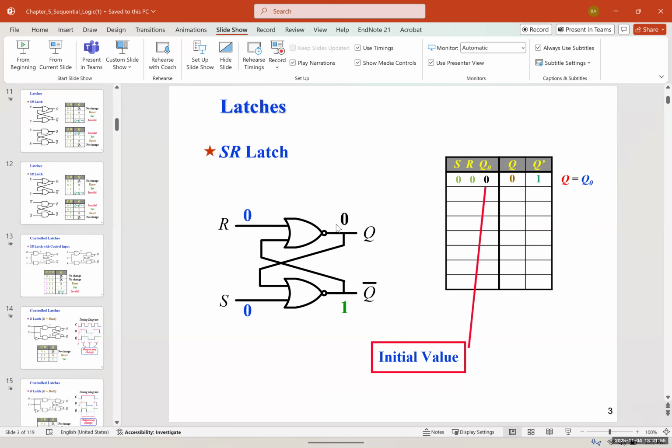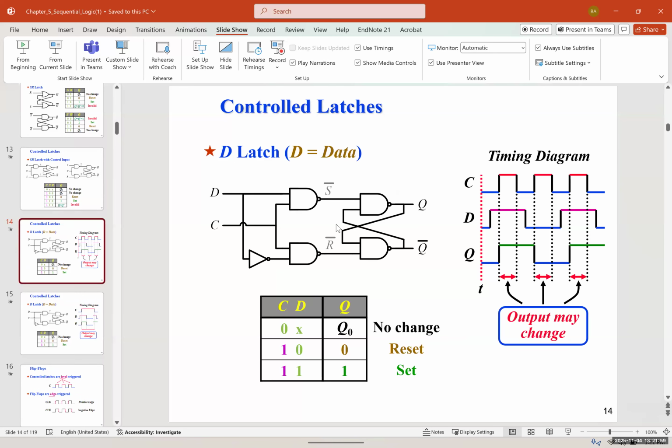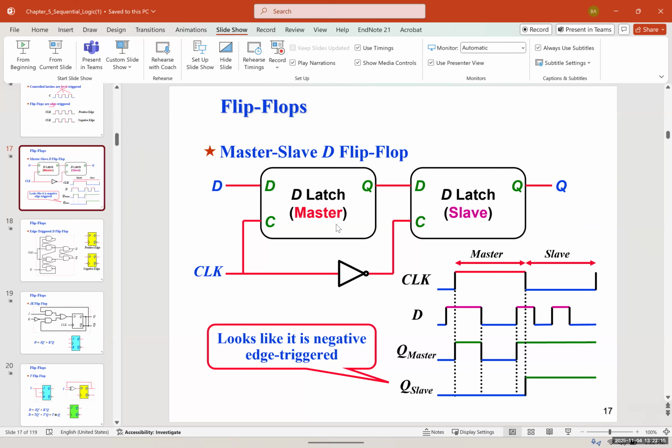Now, what is a D latch made out of? It's made out of an SR latch with a control. So the SR latch is the basic block for a D latch. And a D latch is the basic block for a D flip-flop.